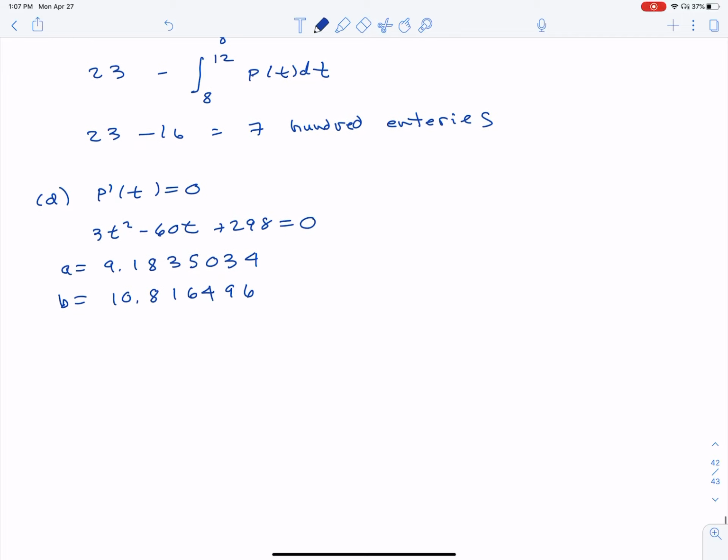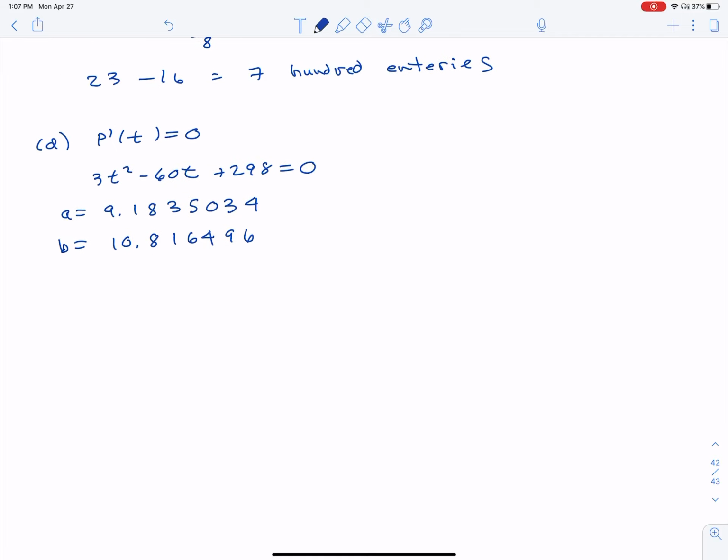So in order to find the maximum number of entries processed from time 8 to 12, I'm going to have to find P of 8. I'm now going back to my original function given because I'm trying to find a maximum for that function. So I'm going to find P of 8, P of A, P of B, and then finally P of 12.